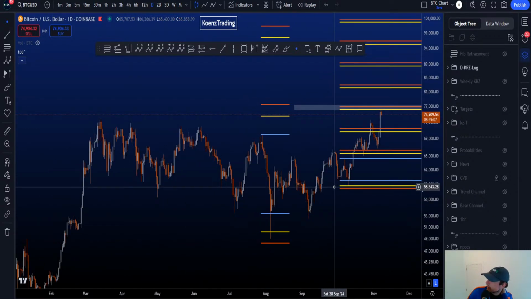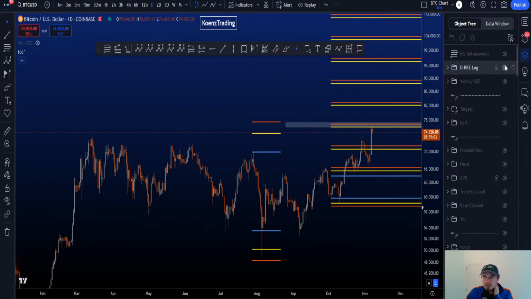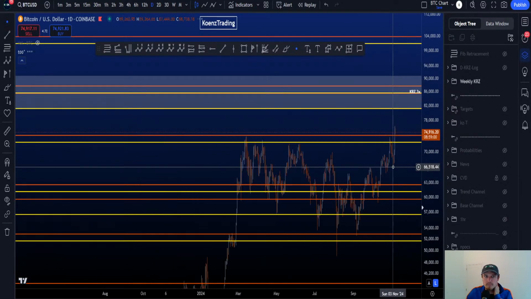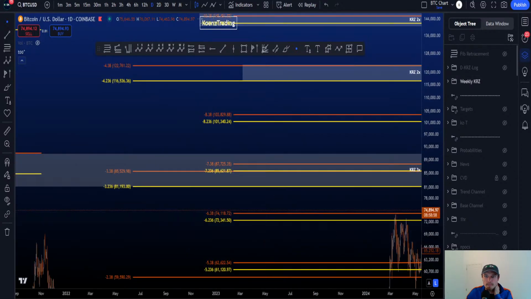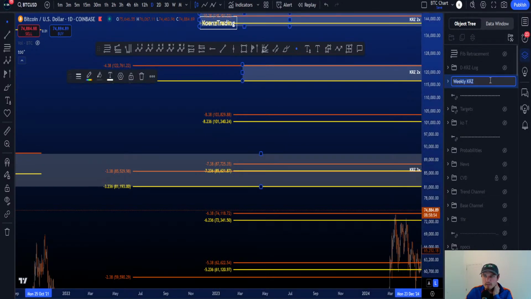I mean, we're talking about targets that are so high as well. So I better use log. But then this has to be log as well. Double check. Yeah, okay.